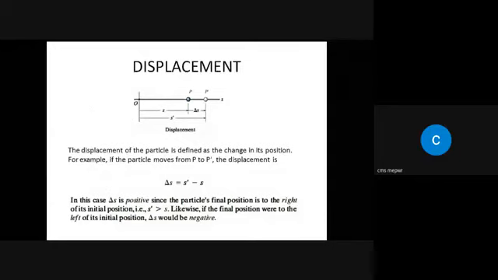If our initial position was this one and you move toward the left, then delta S can be negative. So in this case, delta S is positive since the particle's final position is to the right of its initial position. That is, S bar is greater than S. Likewise, if the final position were to the left of the initial position, then delta S would be negative.